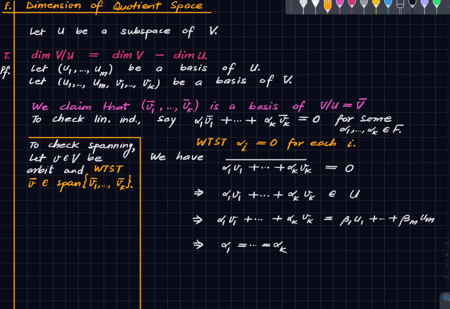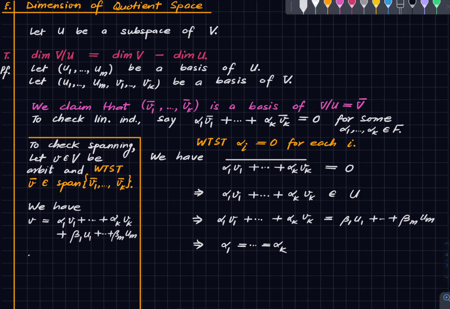All right. So first, since this is a basis for the vector space V, we can write little v as a linear combination of those guys. So we have v equal to a linear combination, for some scalars alpha 1 up to alpha k and beta 1 up to beta m.